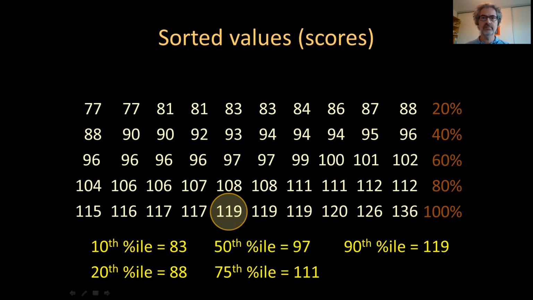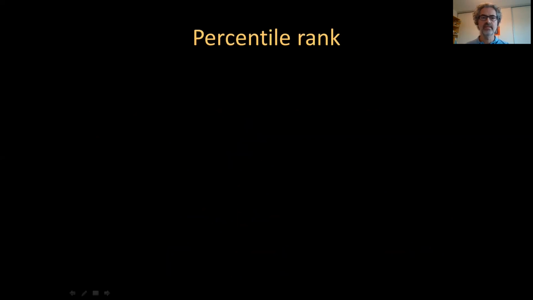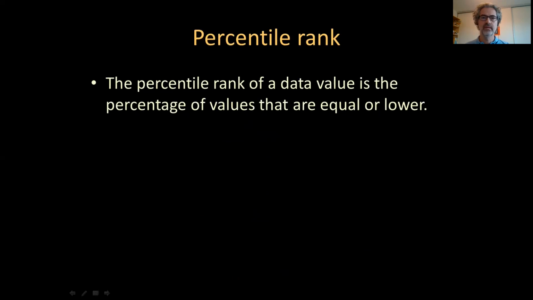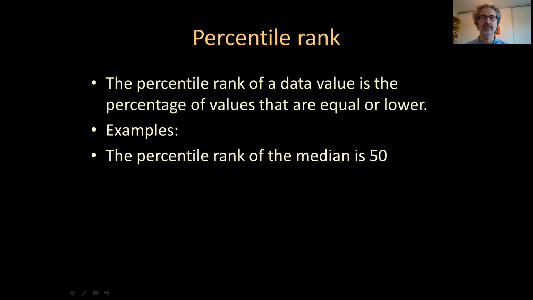A very closely related term is the percentile rank. The percentile rank is the percentage of values that are equal or lower to a data value. For example, the percentile rank of the median is 50, because by definition, the median is greater than 50% of the data, therefore its percentile rank is 50.